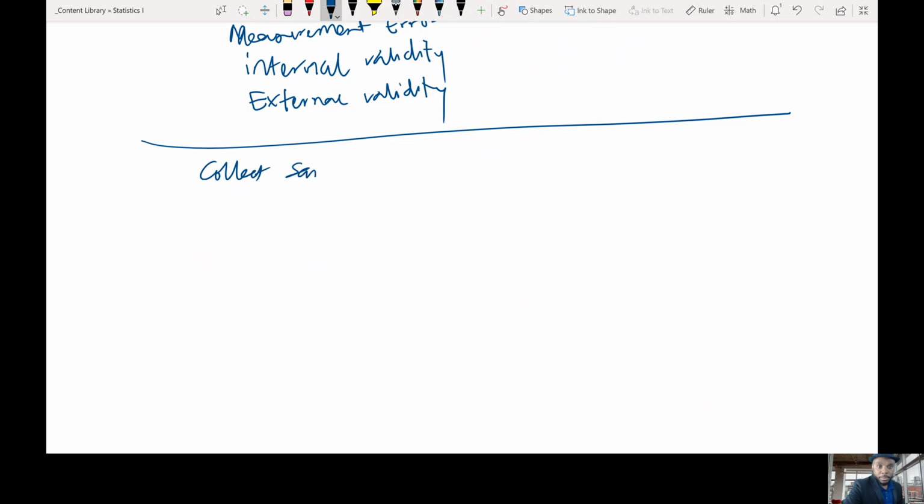Otherwise, it's going to have a bias to it. So this is a way of minimizing selection bias by going through a random process.